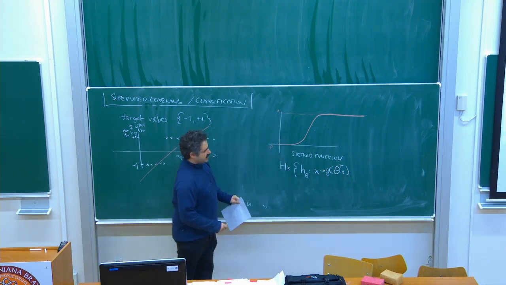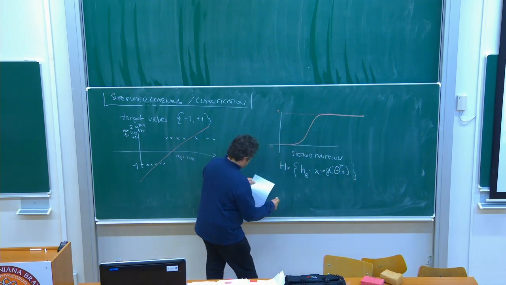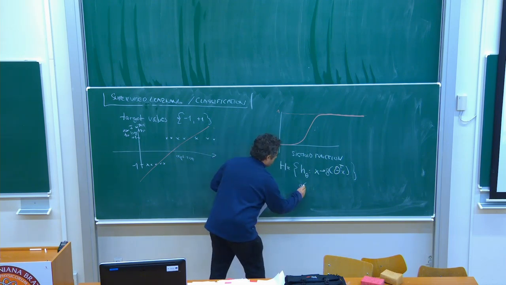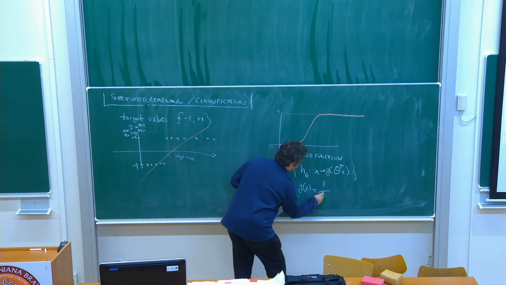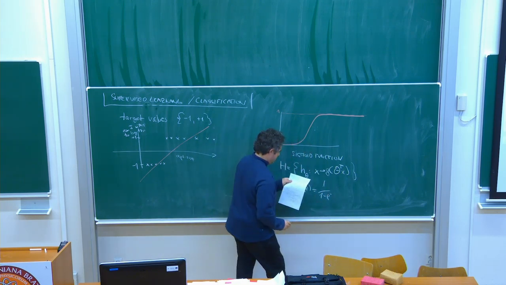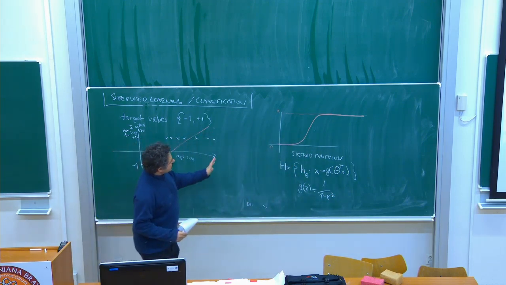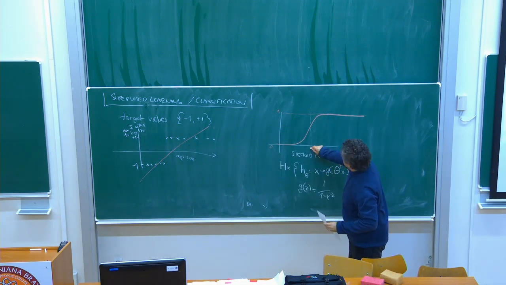Okay, so these are the kinds of functions that we will use. The sigmoid function is 1 over 1 plus e to the minus z. It's shifted, the 0 is here, and here it's 1/2.